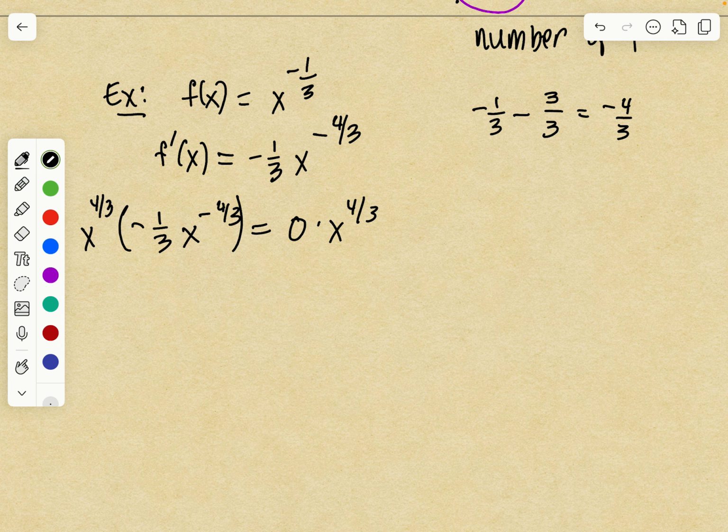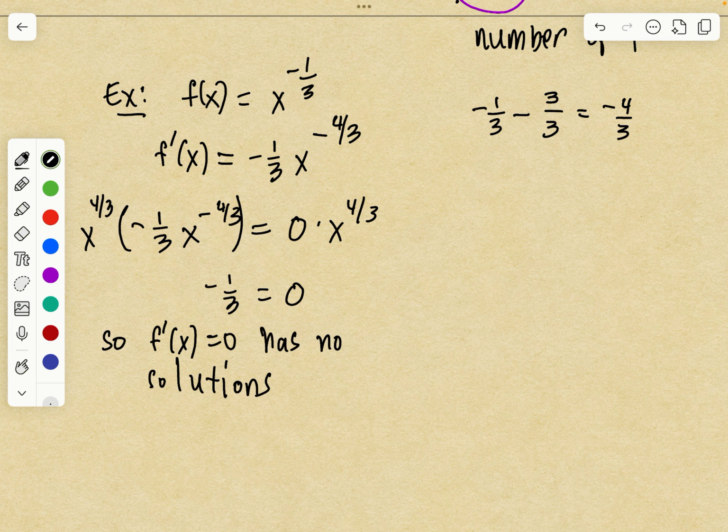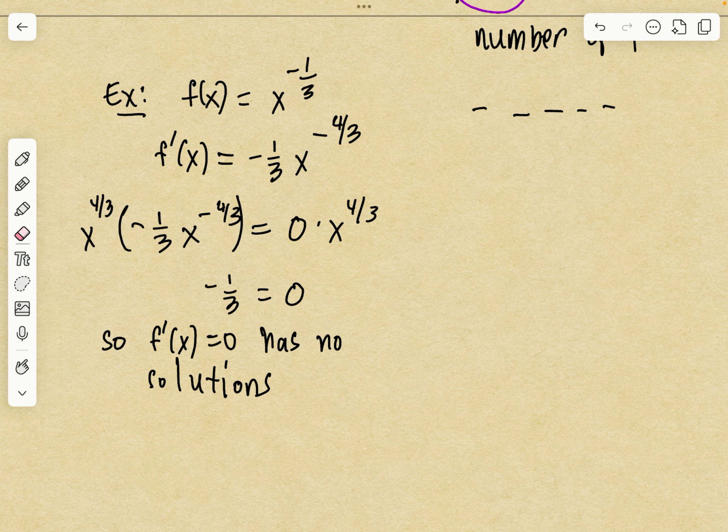And what do I get on the left? Negative 1/3, and on the right I get 0. So what does that tell me? That tells me that this equation, f prime of x equals 0, has no solutions. Let me erase this part, just so I have room.